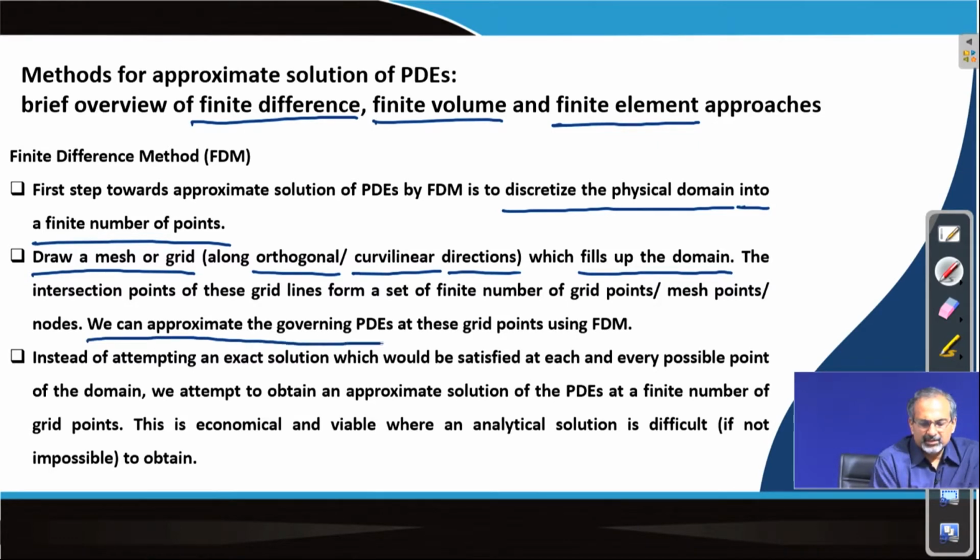We can approximate the governing PDEs at the grid points using finite difference method, and what we essentially do is we write down the governing partial differential equations where derivatives are approximated. There could be other methods of approximating partial differential equations where we may be approximating integrals instead of derivatives. However, in finite difference method, we try to approximate derivatives.